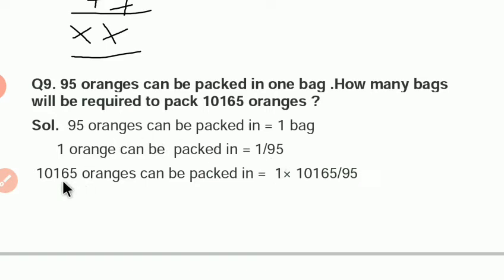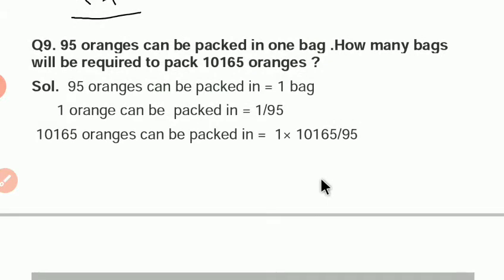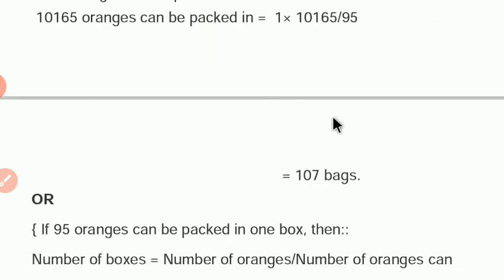Now we have to find for how many bags 10,165 oranges can be packed. Now we have to find from 1 to many, and we know that if we want to find from 1 to many, we always multiply. And for many to 1, we always divide. So now multiply 1 by 95 into 10,165. So 1 into 10,165 is 10,165 upon 95.